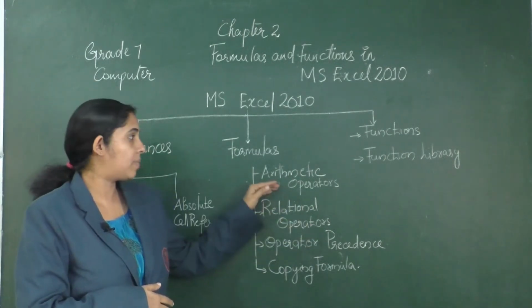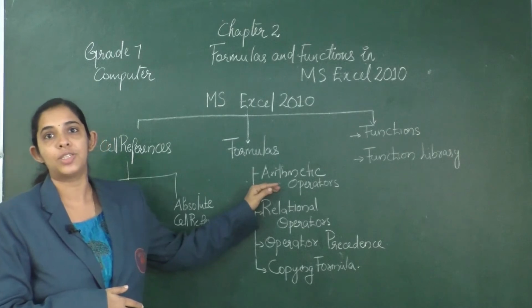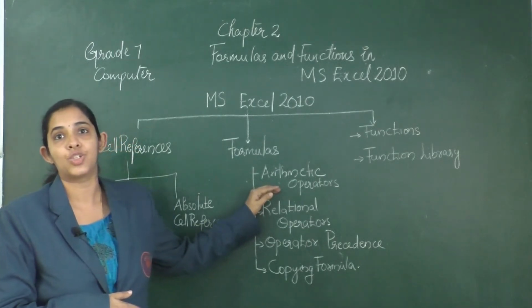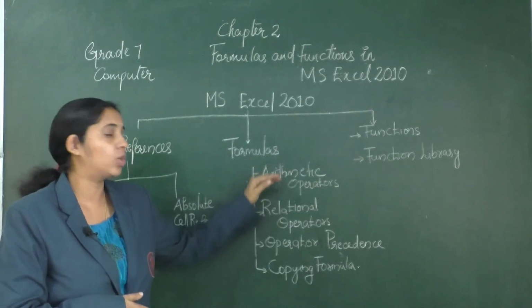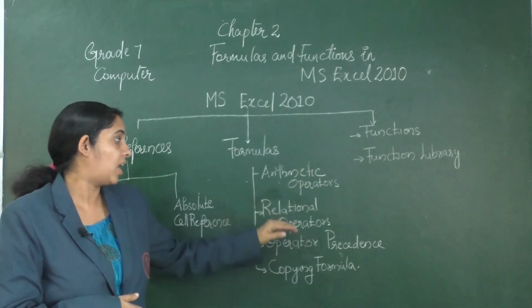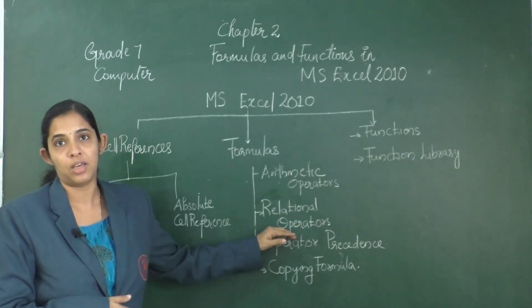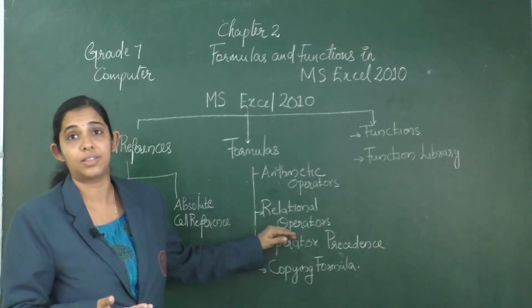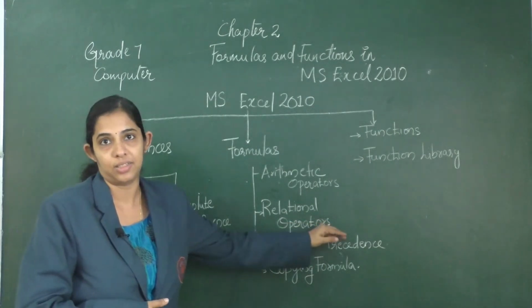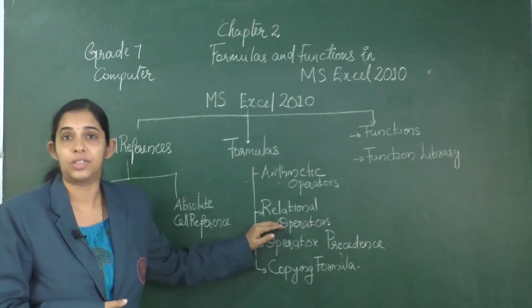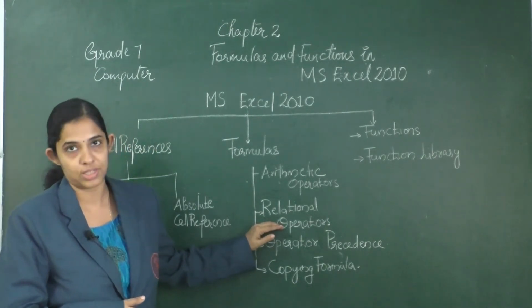Under arithmetic operations, we have seen addition, subtraction, division, multiplication, exponents. And under relational operators, we compare values, whether it is less than, greater than, equal to, like that. By default, relational operators return the value true or false.